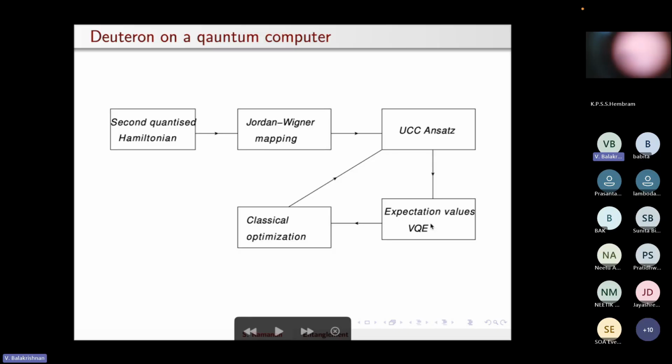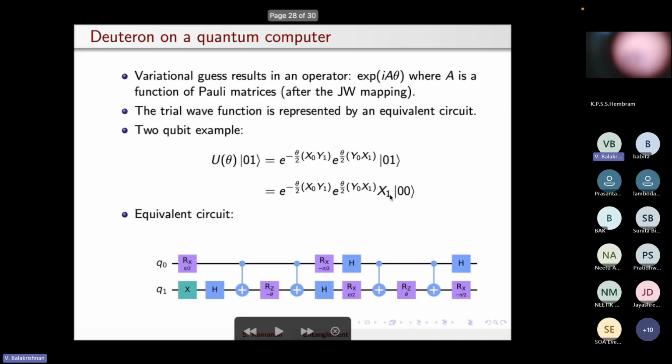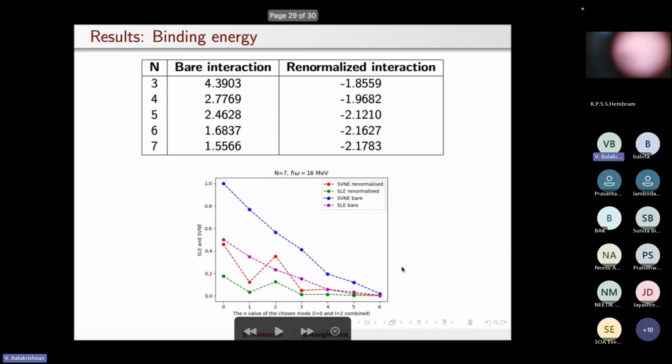Then, given this expectation value, a classical optimizer changes the parameters, and this loop continues until there is convergence. So for an ansatz that you have, you can write the Hamiltonian, and in order to carry out this ansatz, you have this equivalent circuit, which is then run on a quantum computer. So here are the results.